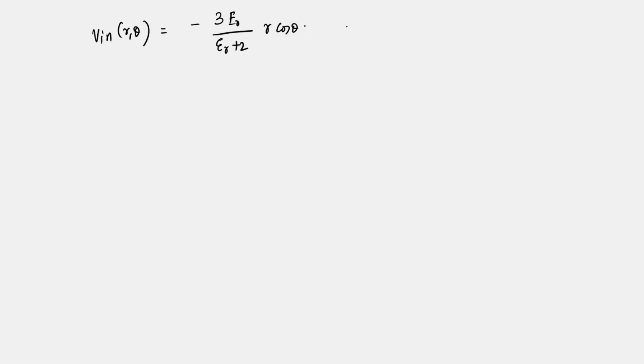So, this tells you that this is actually less than E_0, which means that the potential inside is reduced from this external contribution, which is E_0 r cos theta. It is reduced by this factor 3 divided by (epsilon_r + 2), and it has a negative sign.